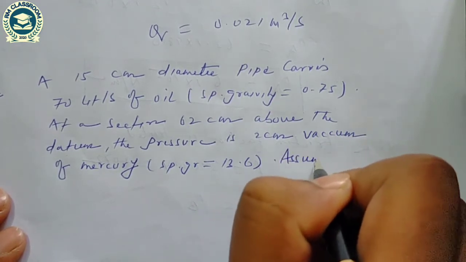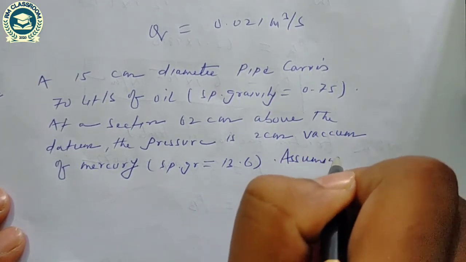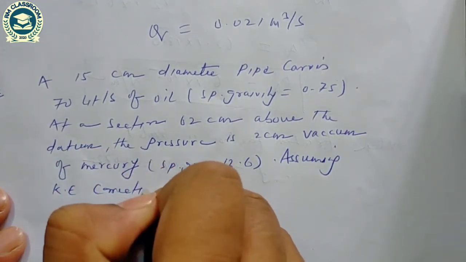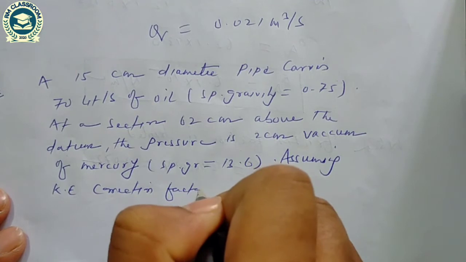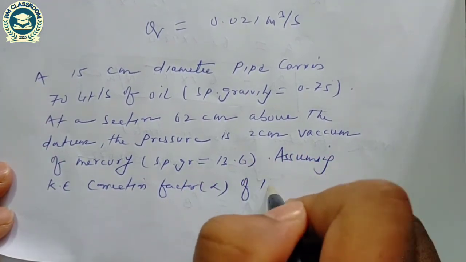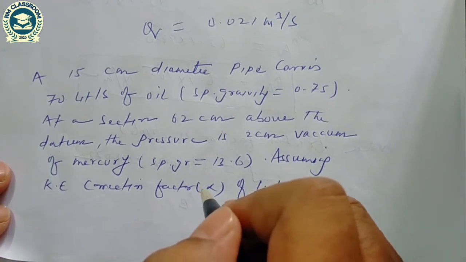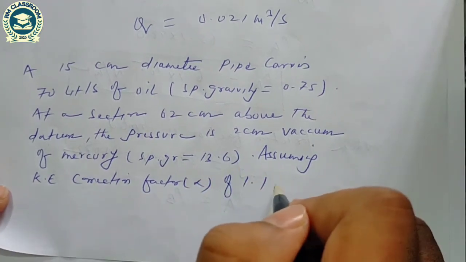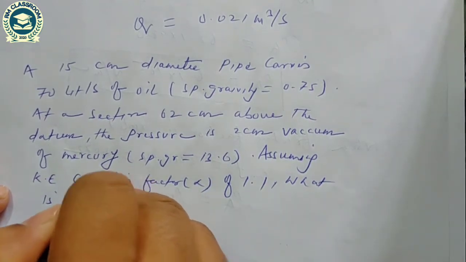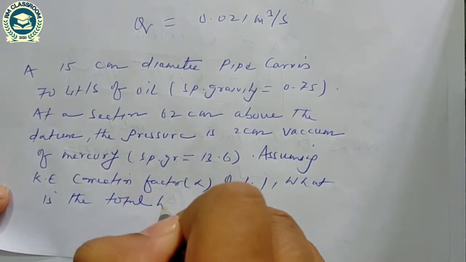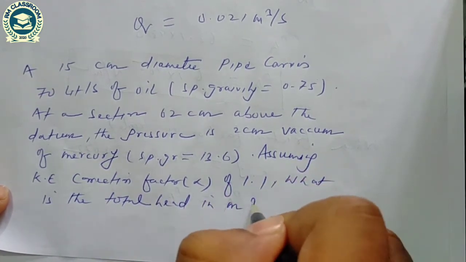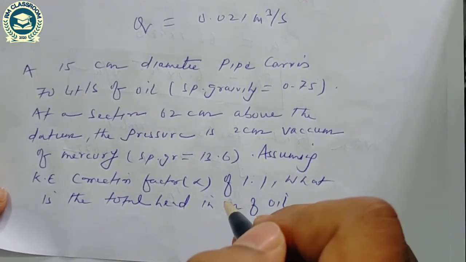Assuming kinetic energy correction factor of 1.1, what is the total head in meter of oil at the section?